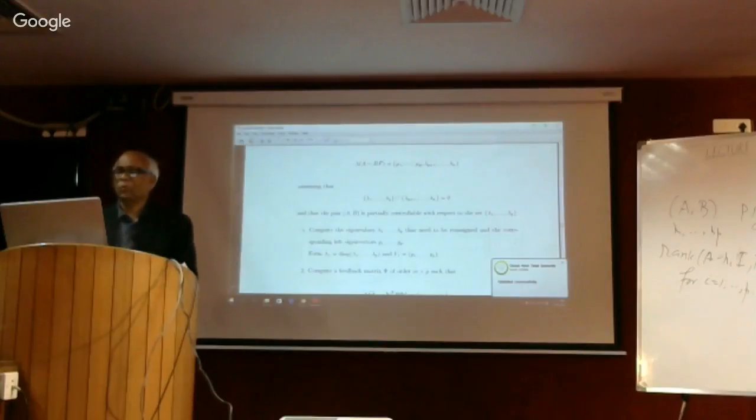Say y1 through yp. Then form the diagonal matrix Lambda 1 with those eigenvalues lambda 1 through lambda p, and Y1 is the corresponding eigenvector matrix. That means y1 through yp are the eigenvectors associated with the eigenvalues lambda 1 through lambda p.